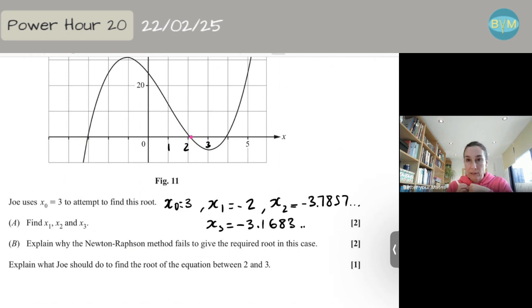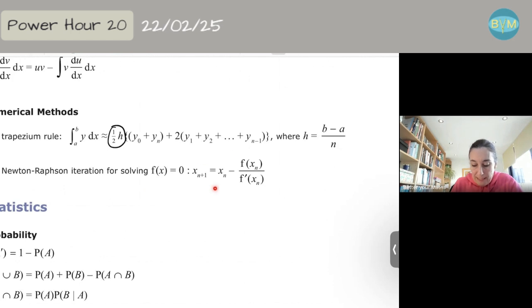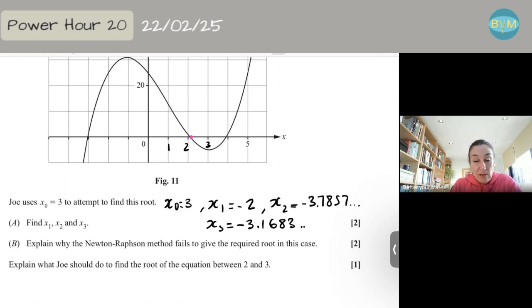If you haven't done numerical methods and Newton-Raphson, you don't know. But look at the formula in general. We have a derivative in the denominator. When the derivative is 0, this is not even defined, and when it's close to 0, it's going to do strange things.